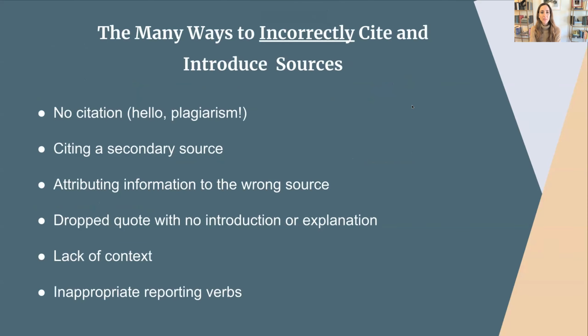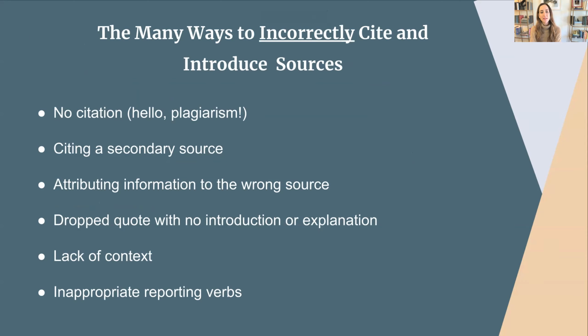And so with these challenges, oftentimes it leads to a number of outcomes where we have an incorrect citation or introduction to a source. You could either make the mistake of not citing at all, which is plagiarism. Hopefully you're not doing that. Or maybe you're citing a secondary source. That's also something important to consider when you're citing studies.